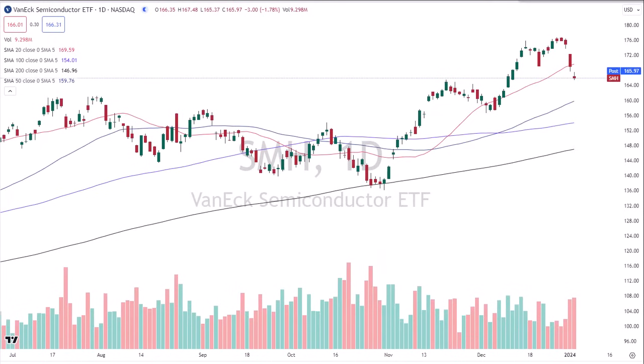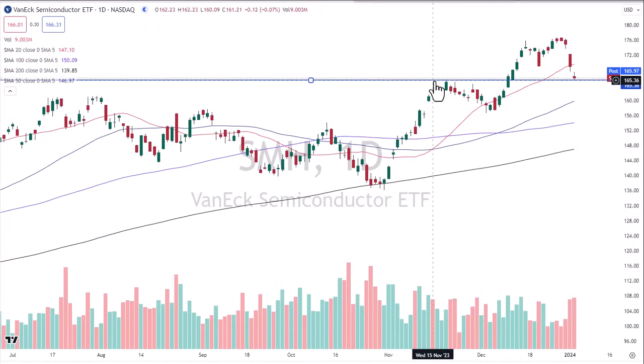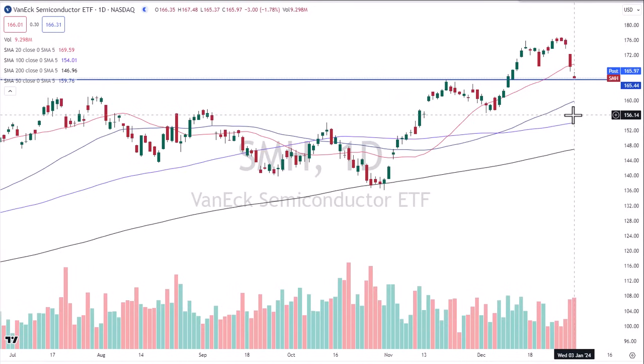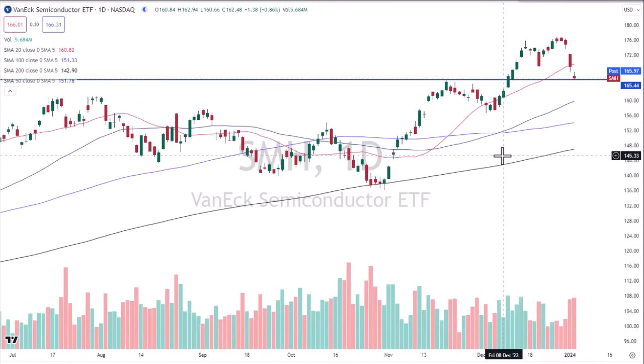What about Smashmouth? Big down day for Smashmouth, 1.78%, $3 again, below the 20-period moving average. But where are they? Let's check it out. Here's a high where they pulled back from, creating a breakout area. The high is 165.44. We'll denote it over here. It's close enough. What was the low today? About 165.37.